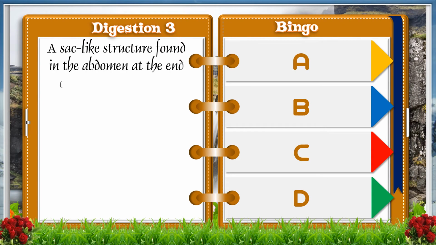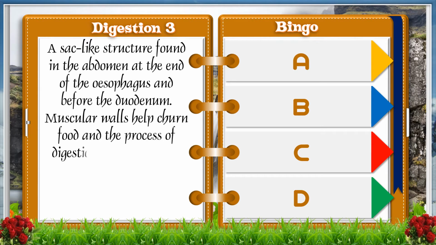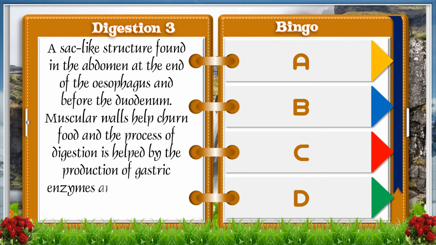A sac-like structure found in the abdomen at the end of the oesophagus and before the duodenum. Muscular walls help churn food, and the process of digestion is helped by the production of gastric enzymes and hydrochloric acid.